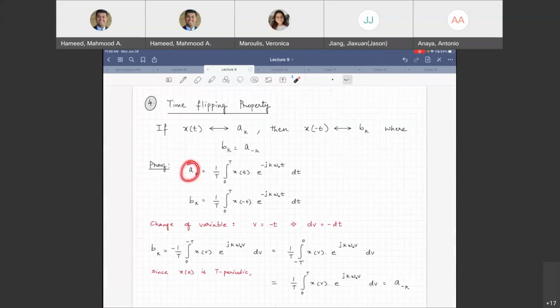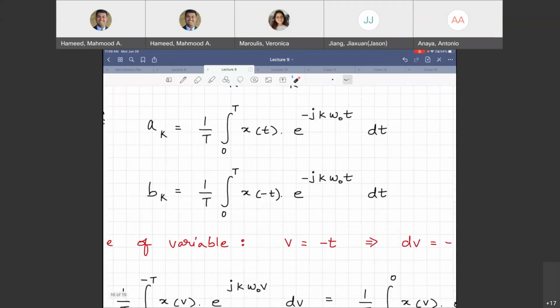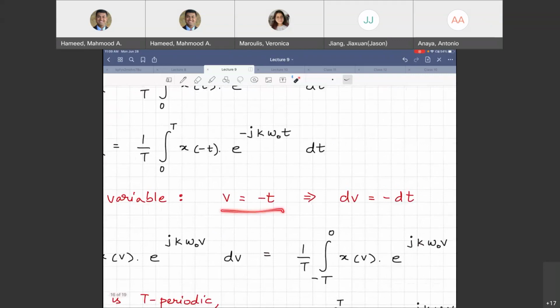Proof. The a_k integration formula. b_k includes x of minus t instead of x of t. I need to get rid of this minus t. What will I do? I'll do a change of variable. v equals minus t. My lower limit multiplied by the negative sign remains at 0. The upper limit multiplied by the negative sign becomes negative capital T. dv becomes negative dt.